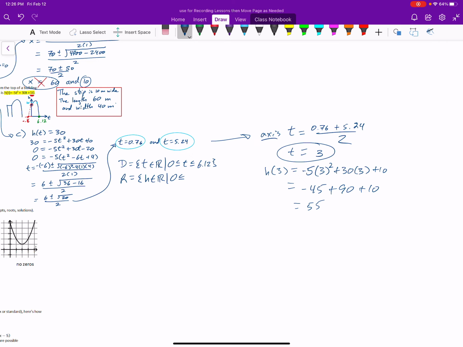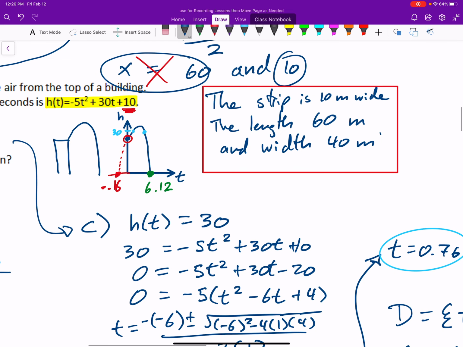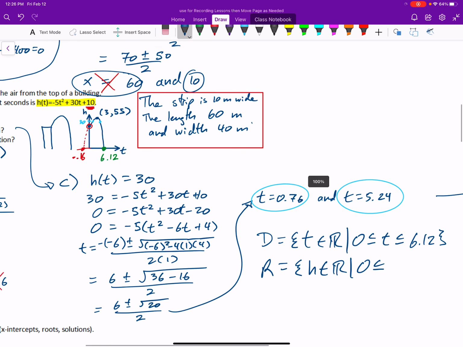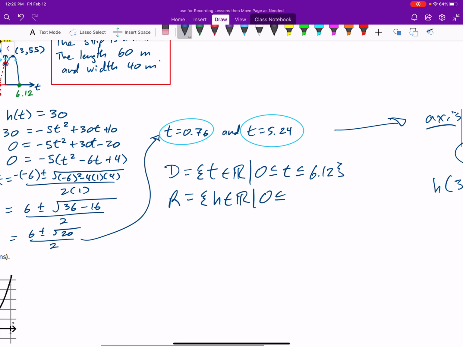So the vertex, going back to my sketch here, occurs at (3, 55). So that's the highest the range can reach up to, 55 meters, and that would be h. So h is between 0, the ground, up to the vertex of 55 meters.